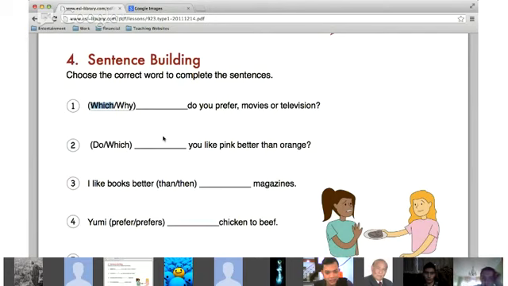Exactly. You want to know between movies and television, their preference. So we would use the word which. Which do you prefer? All right, Jewel, let me have you repeat that sentence, please. Which do you prefer, movies or television?